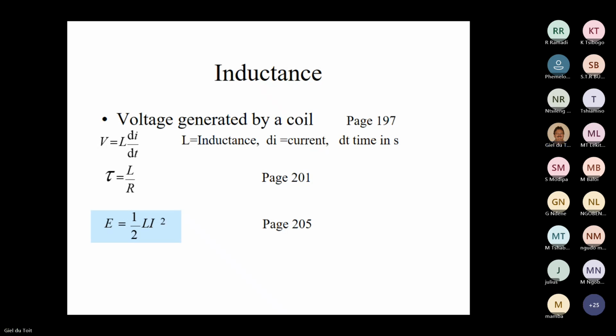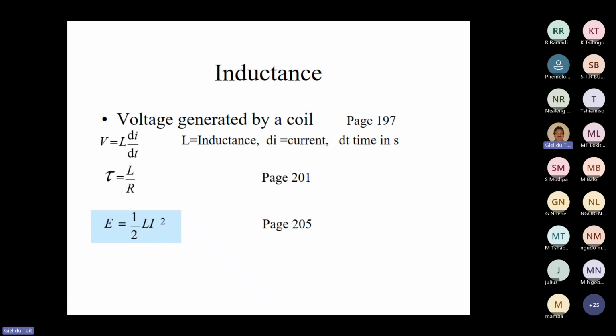All right. So guys, please go and read on page 197. This formula is there and it's explained there as well. The time constant tau for an inductor is L over R. For capacitors, the time constant was RC. Remember RC.